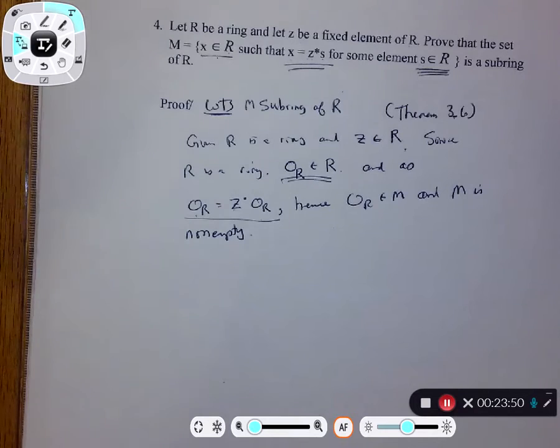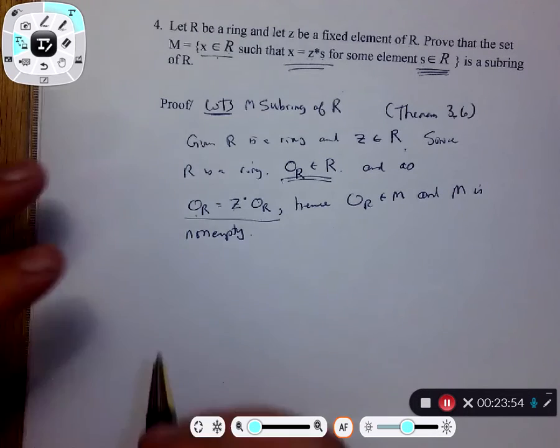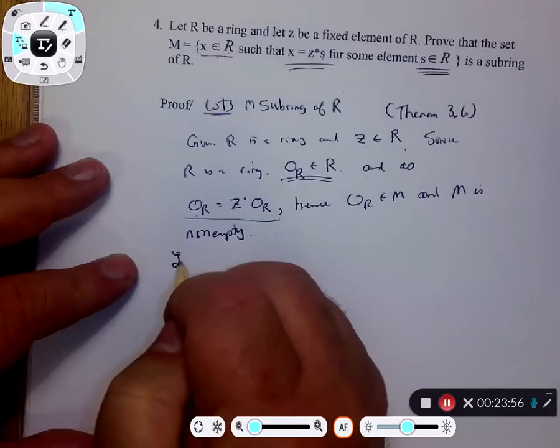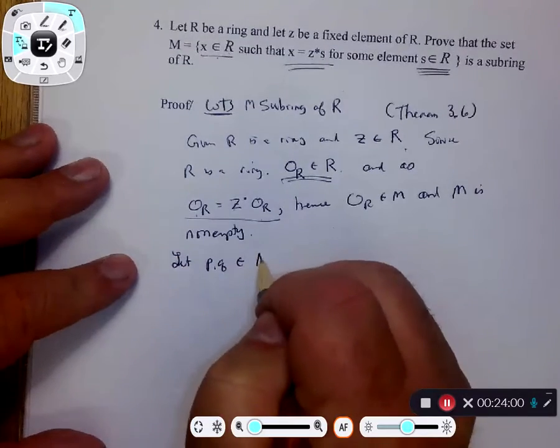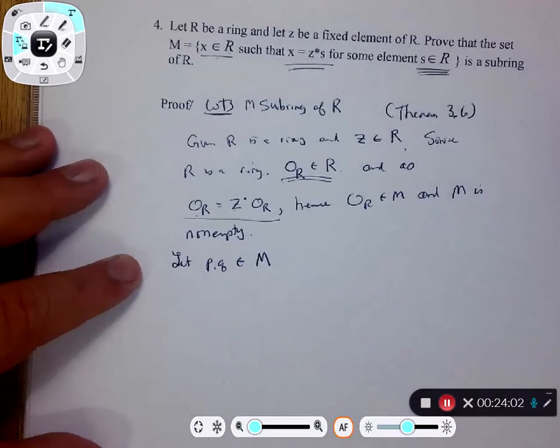So the next thing I want to do is show closure under subtraction. So I've got to give myself two elements. Let P and Q be elements of M. What does that mean?